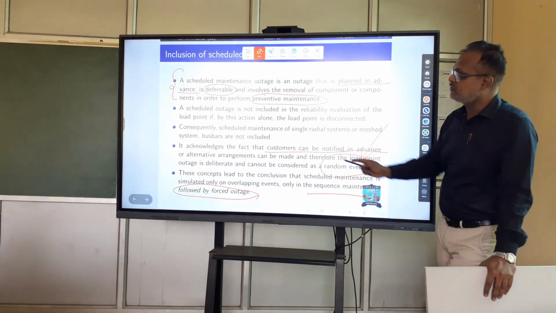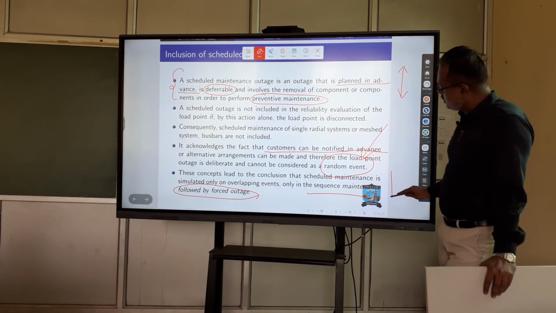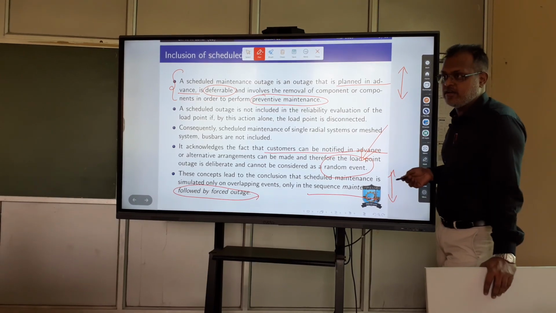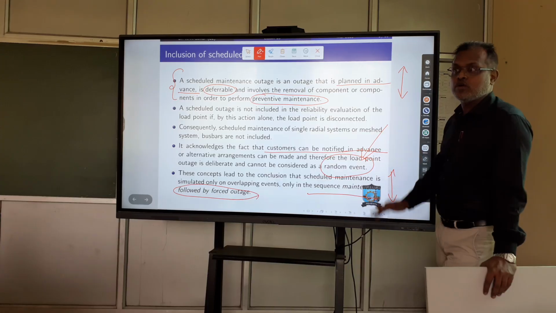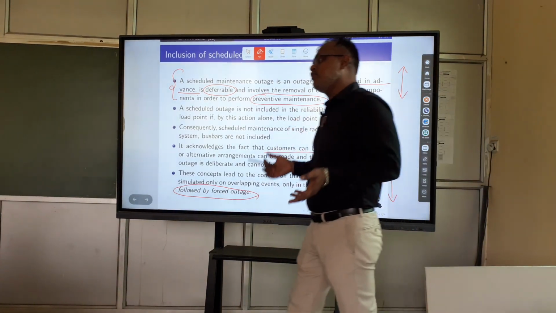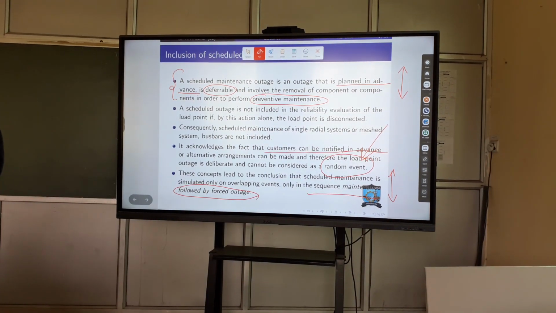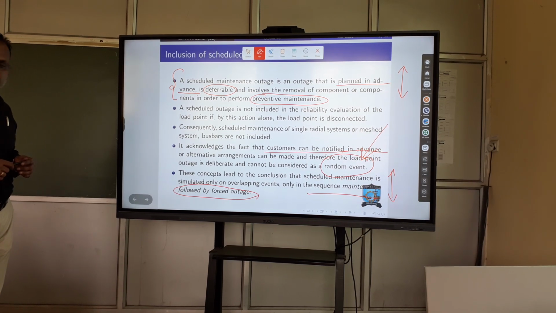So the first point you wrote was what is scheduled maintenance; the second point is this. But if after the scheduled maintenance is done, everything works fine, we do not include that in the reliability evaluation. Rewrite this.